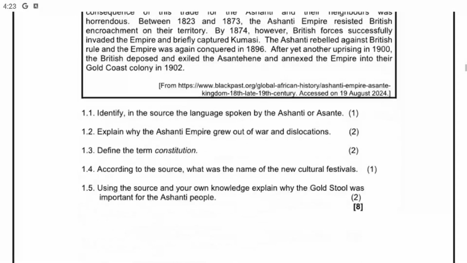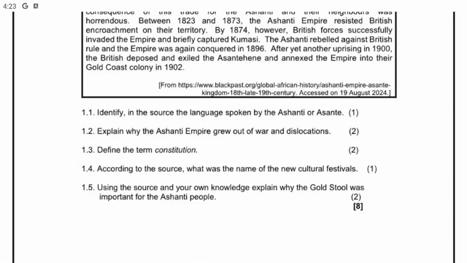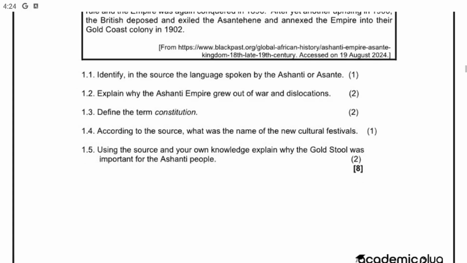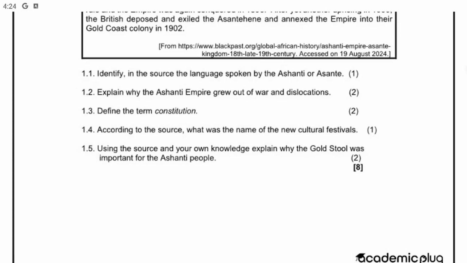Okay, so let's come to 1.4. According to the source, what was the name of the new cultural festivals? This question is directly asking you, according to the source. It's not only that you are now being asked to refer to the source, you've all along been required to refer to the source, especially for those of you who may not have gone through the notes or studied.